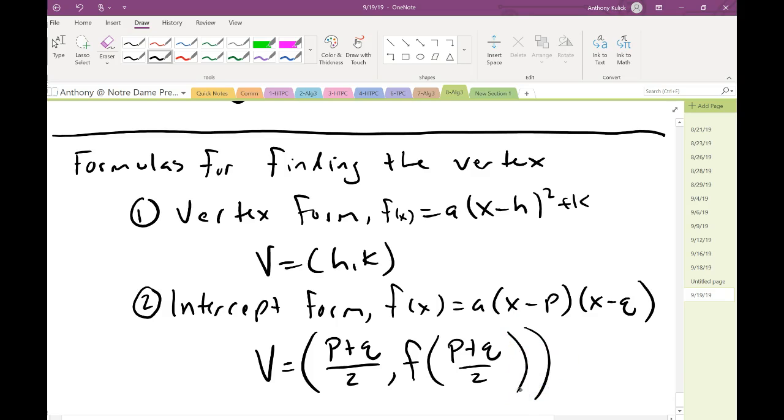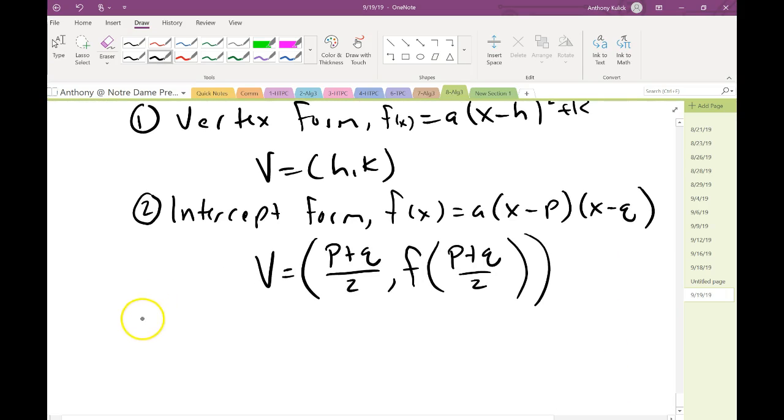So when I write f and then a number in parentheses after it, what that means is I'm going to take that number and plug it in for the x's in my function. So basically what we're saying here is I figure out what the x is and take that answer and plug it back in to figure out the y-coordinate. We'll do an example of this in a moment, so if you're not familiar with this notation, it's not difficult, but if it's unfamiliar, it's unfamiliar.